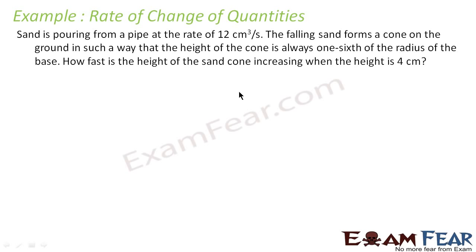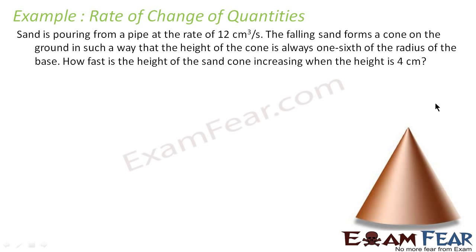So this is my cone, and how this is formed is, there is a structure like this, and sand is falling from this. Now the falling sand forms this cone. And the catch here is the height of the cone is always 1/6 of the radius.